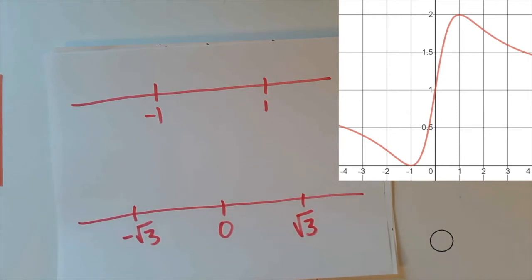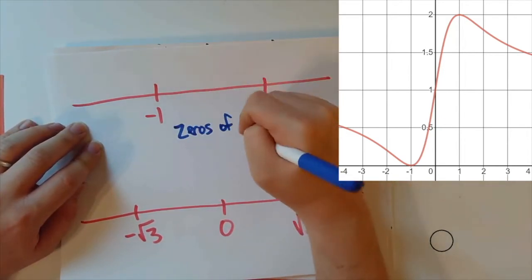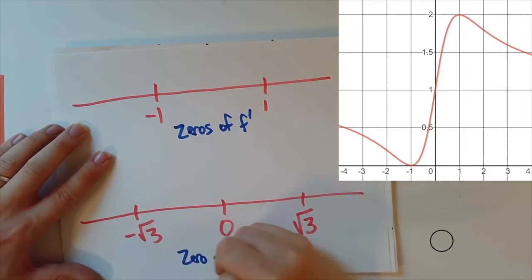Okay, and again, just to label clearly what we're doing, these are zeros of the first derivative. These are zeros of f double prime.